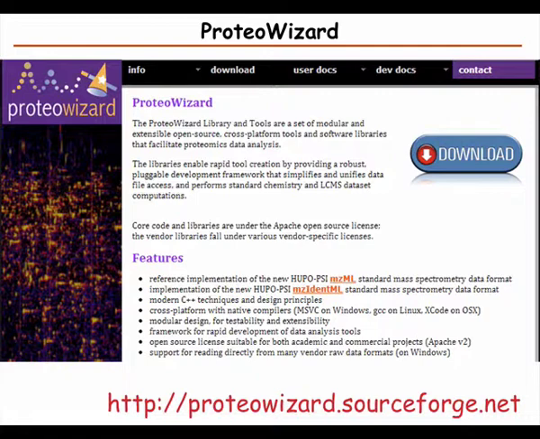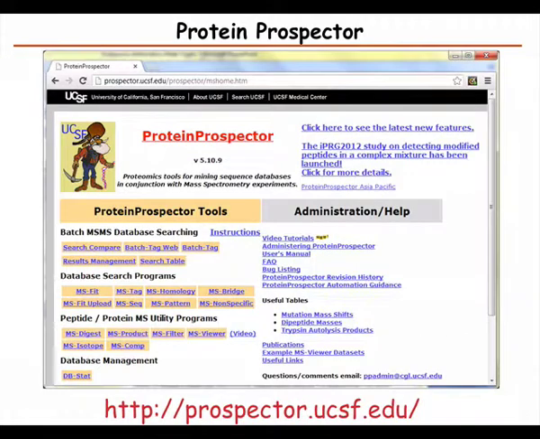So, for example, ProteoWizard provides a very good resource for starting with converting the raw mass spec data onto more standard formats like the mzML format, and also then doing all sorts of analysis like peak picking and processing of the data. And so this is a resource that a lot of people use.